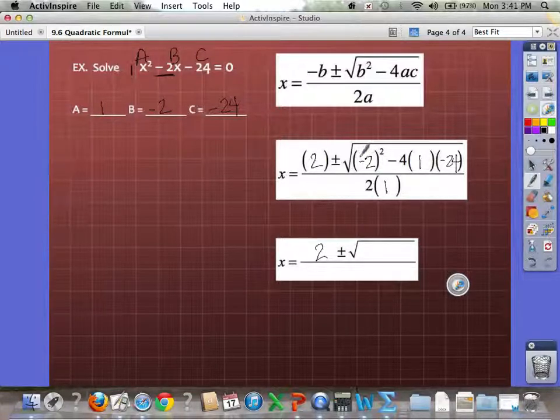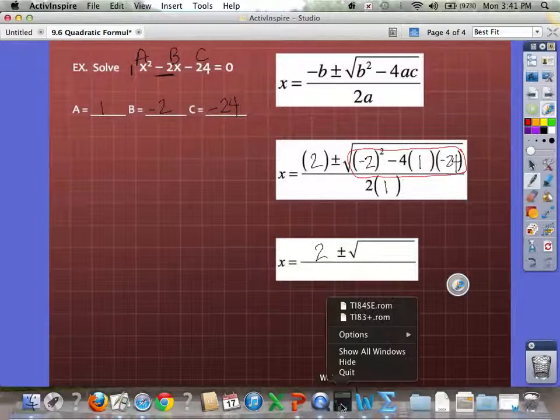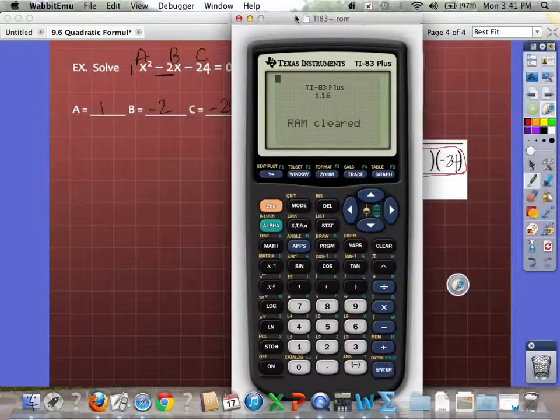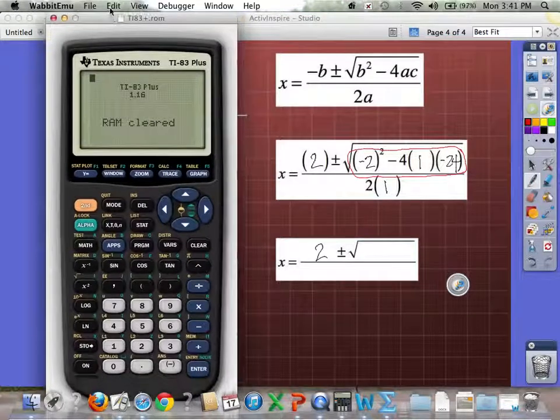Now, we take everything inside under the radical without including that in our calculator, and we find out what that is. I'm going to bring up my calculator. We're going to find this out together, so you'll see what I'm doing. Okay, I'm going to move this over.